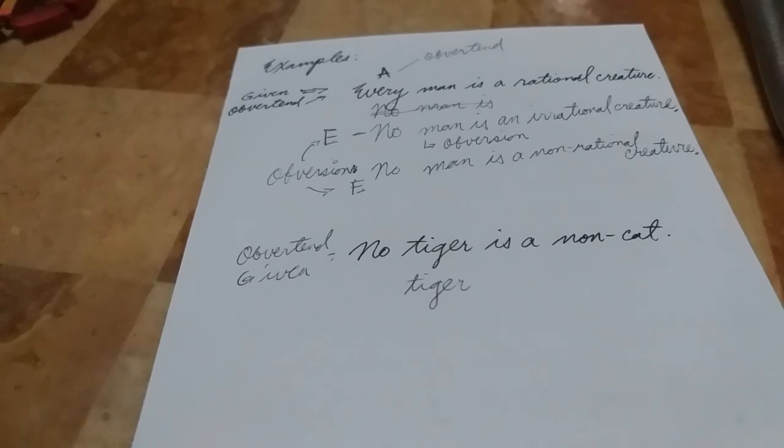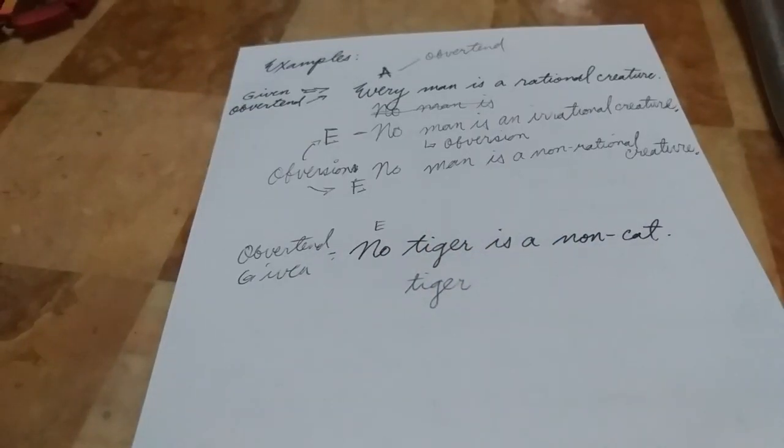So the first step is to retain the subject and to retain its quantity. The quantity is universal. That is why the given is an E proposition. Next is to change the quality of the copula.